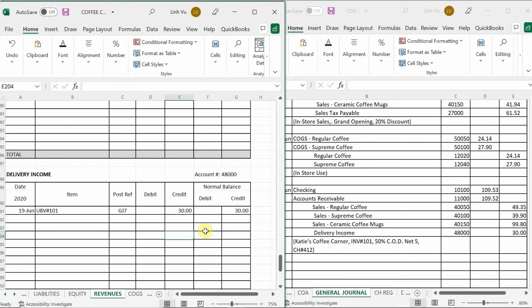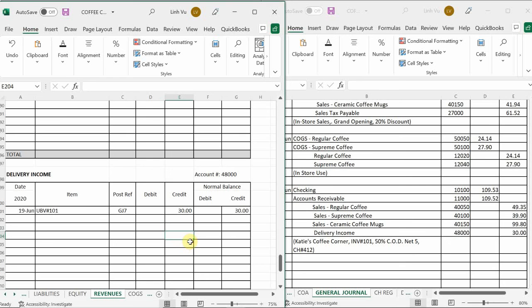Now we are completely done with our ledger. So what do you want to do next? We dealt with Katie. She owes me money. So we need to go to the subsidiary ledger because she's definitely going to be one of those customers that we're going to get a lot of information on, right?